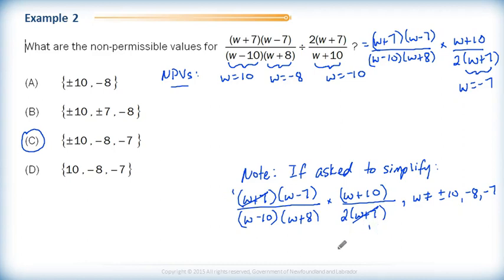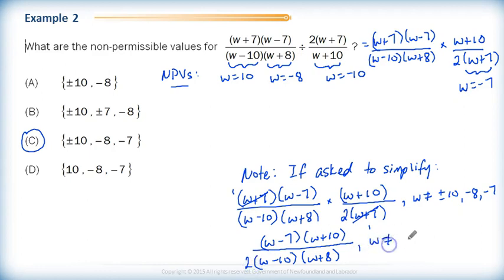And that's about the extent of what we can do. So we would have w minus 7, w plus 10, all over w minus 10, w plus 8, and we'll put that 2 right in front here, where w cannot be equal to plus or minus 10, negative 8, or negative 7.